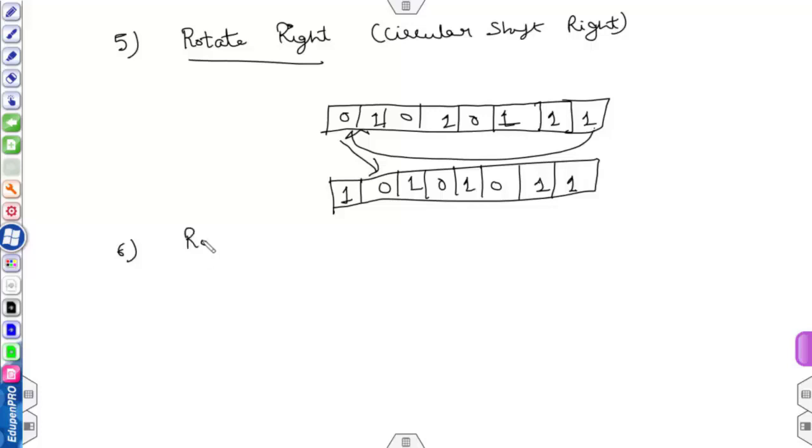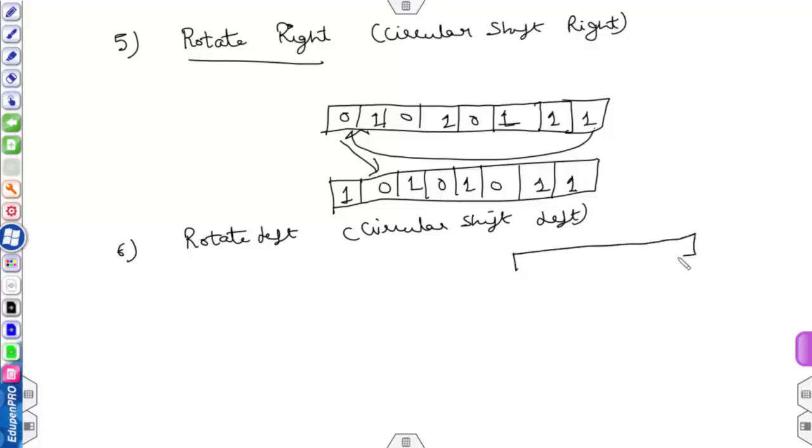Now we will discuss rotate left, or you can say the circular shift left instruction. How will it work? Let's say the bits are given.